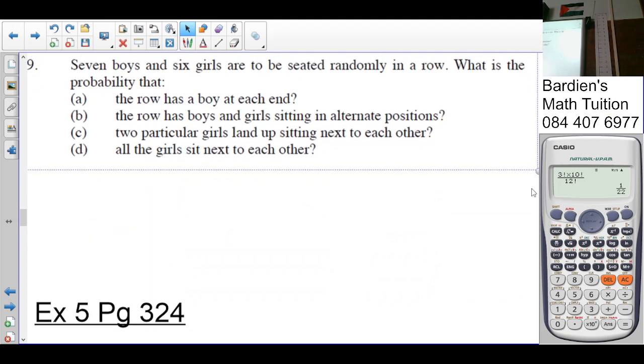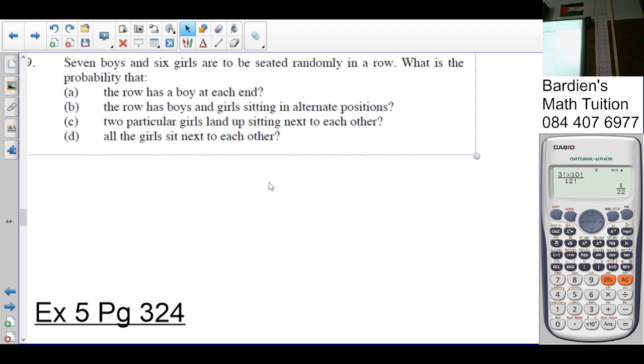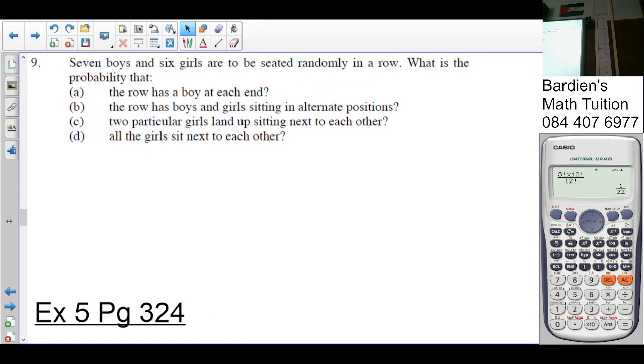7 boys and 6 girls are to be seated randomly in a row. What's the probability that, in the first case, the row has a boy at each end?